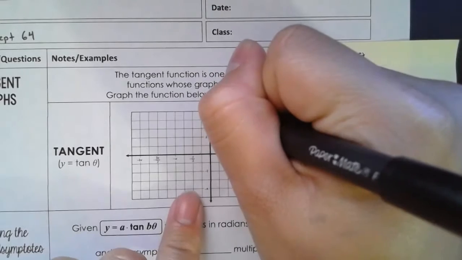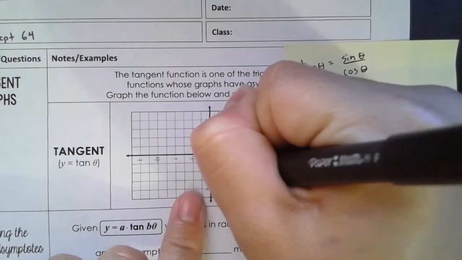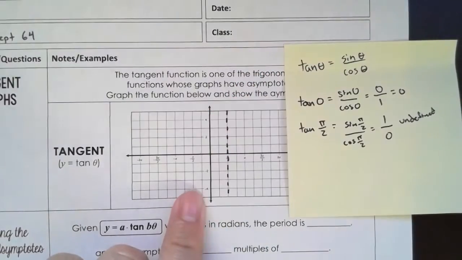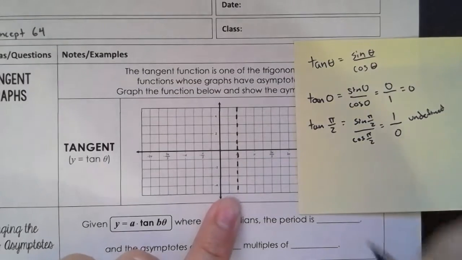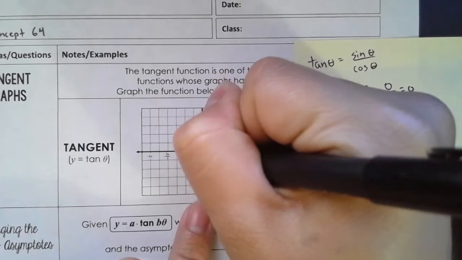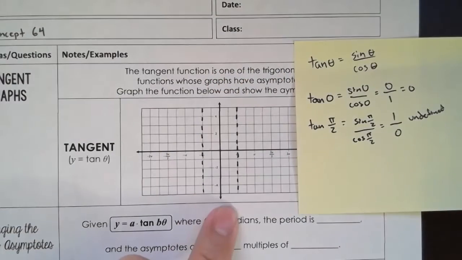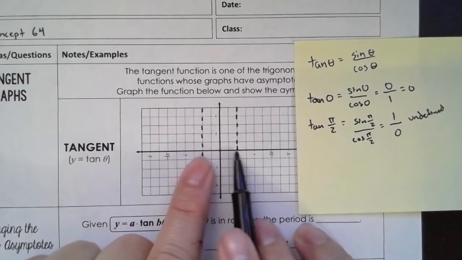So this one here, and yes, please draw out the asymptotes, would go there. And then it will work the exact same way. At negative pi over 2, you're going to have an asymptote here. And then keep going. Notice that I have this gap here.